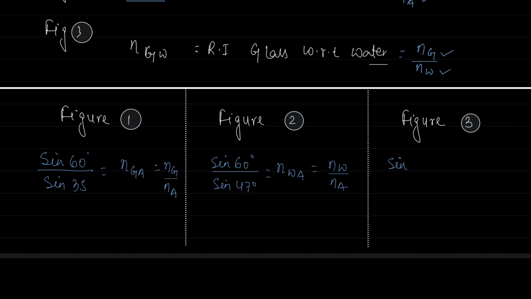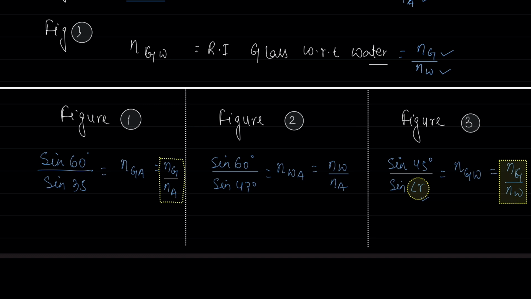For the third figure, we have the angle of incidence, whose value is 45 given in the question. Sin 45 by sin R, this angle R we have to find, is equal to the refractive index of glass with respect to water, so Ng by Nw. To find this, first we have to find the relation of Ng by Nw. How can we find it? If you look minutely at these two relations, Ng by Na and Nw by Na, and relate them together, from there we can find the relation of Ng by Nw.